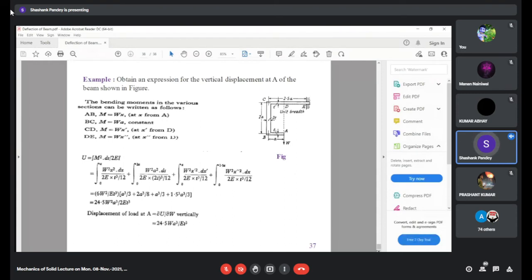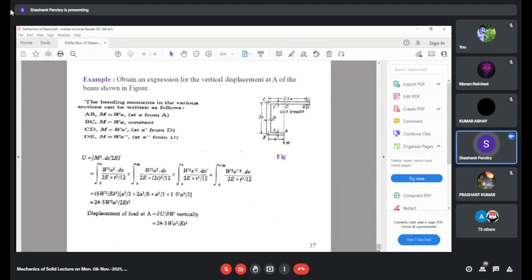Here we will have to put the limits of integration, from where X is varying. In portion AB, X is varying from 0 to A, whereas for portion B to C it is varying from 0 to 2A, as the CB length is given as 2A.